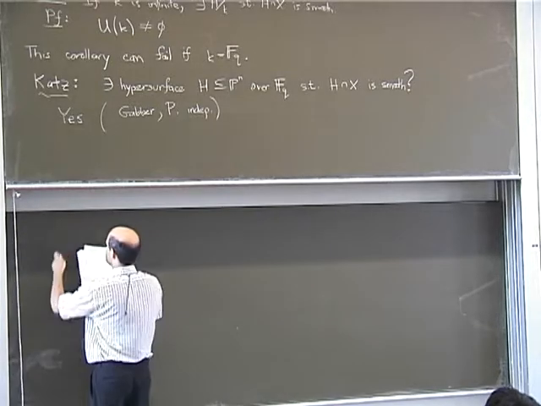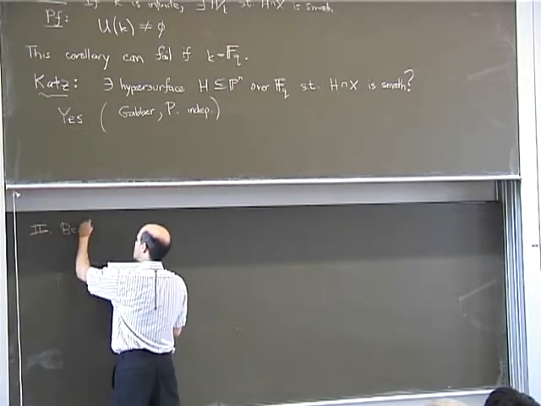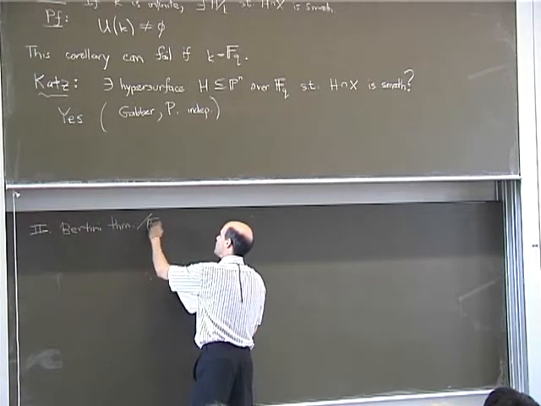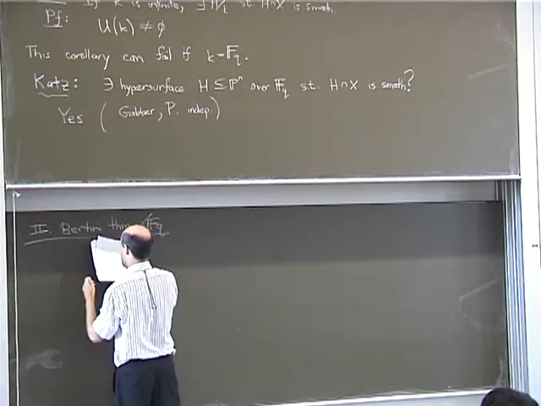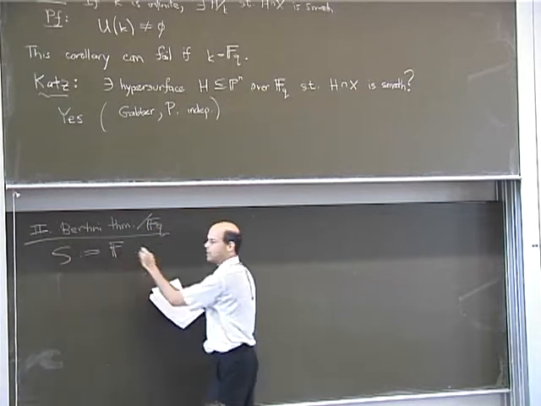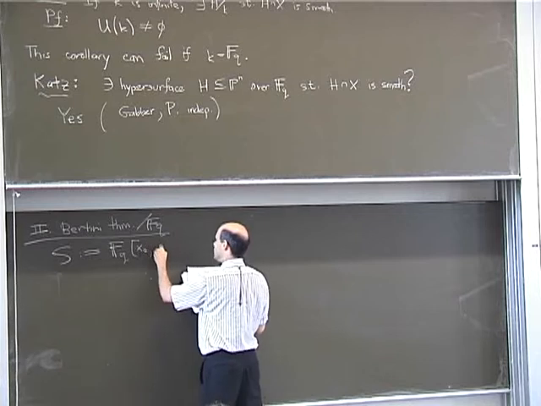Okay, so let me state now the theorem. This is going to be the Bertini theorem over F_q, over a finite field. So I need to introduce some notation. First, S will be the homogeneous coordinate ring of P^n.